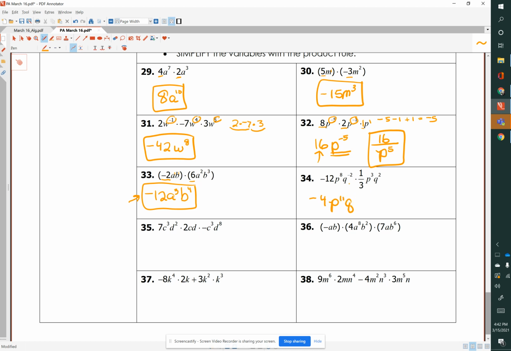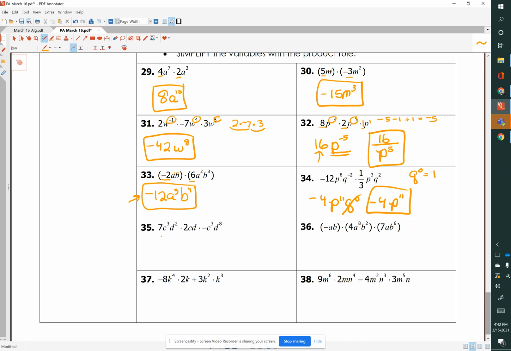And q, we add negative 2 plus 2, which is 0. That's going to make that q to the 0 equal to 1. And since we're multiplying, it will go away because it is an identity. So we can eliminate that, and we can have negative 4 p to the 11.